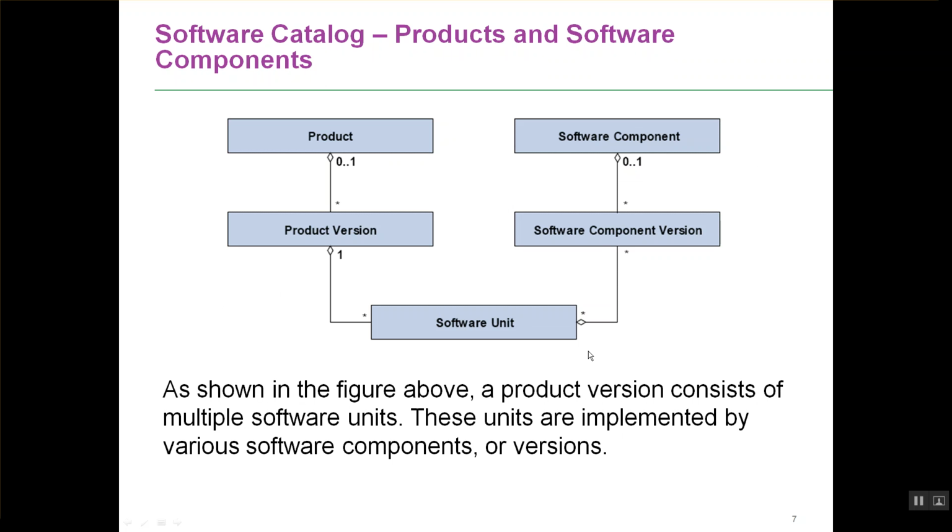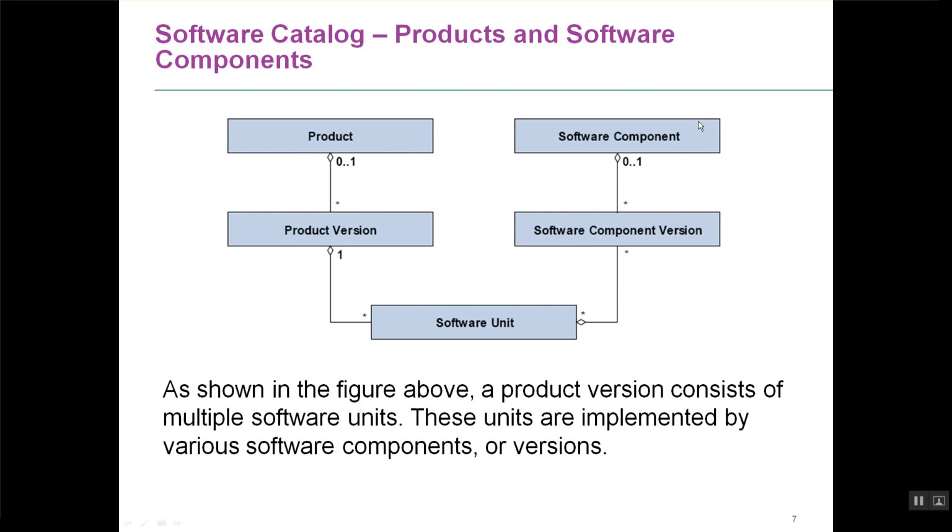So what is the relationship between the two? Using the example we looked at, a software product is SAP R3 or SAP ECC. A product version is R3 4.6c, 4.7b. Each product can have multiple product versions, which is why the relationship between a product and a product version is 1:n.